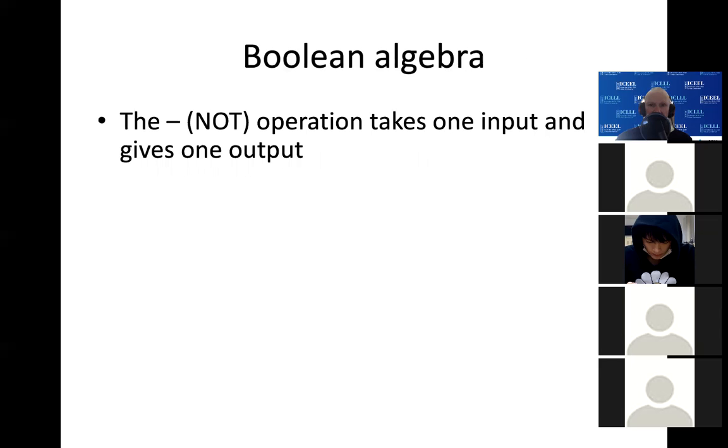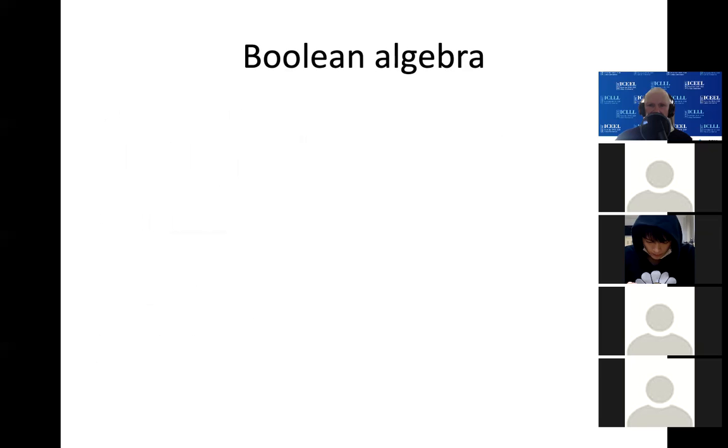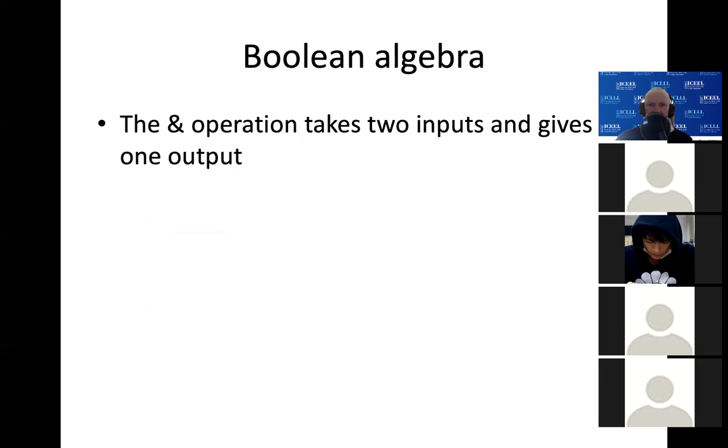There's Boolean algebra. The not operation takes 1 input and gives 1 output. Input P, output not P. Input not P, output is not not P, which is P, right? So it just reverses the truth value. And the AND operation takes 2 inputs and gives 1 output.